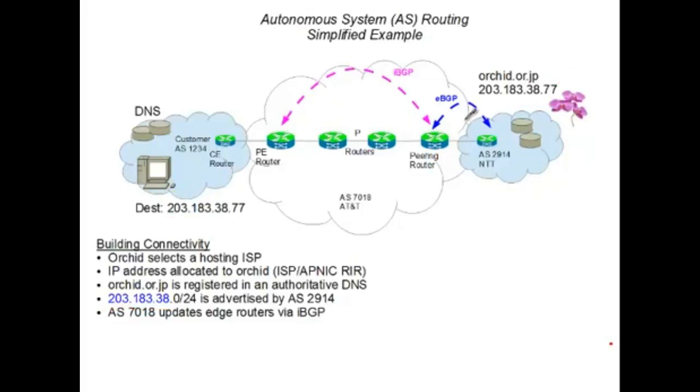So now we've updated the egress edge router and updated all the internal edge routers in the AT&T network. The edge routers in turn update all of their eBGP peers, that is all of the CE routers and all the interconnecting routers that accept BGP updates, and now the address is advertised into our 1234 autonomous system via the eBGP protocol.